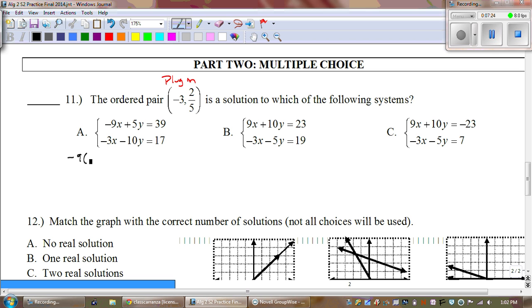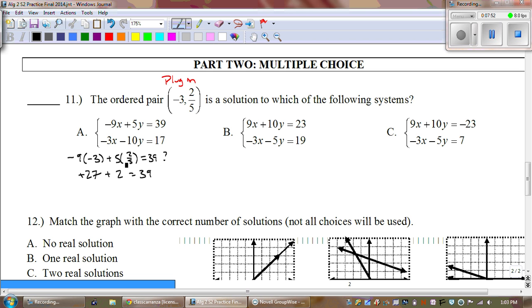-9 times -3 plus 5 times 2/5. Does that equal 39? Well, the first part, -9 times -3 gives us positive 27. 5 times 2 is 10. 10 divided by 5 is 2.